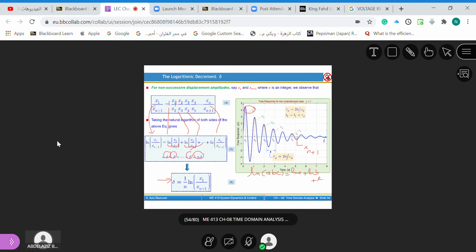So if you know the first amplitude and the amplitude number n or any amplitude, this is the case. 1 over n, where n is the number of cycles, ln x1 over xn plus 1. So this is when the non-successive amplitudes are given.